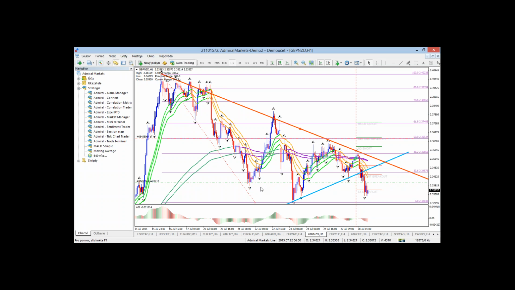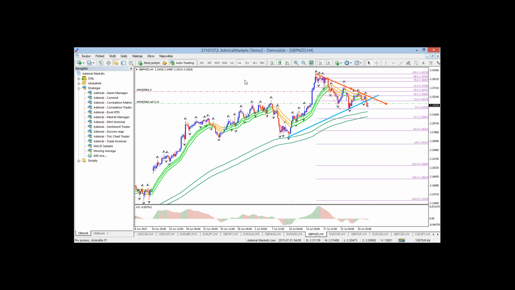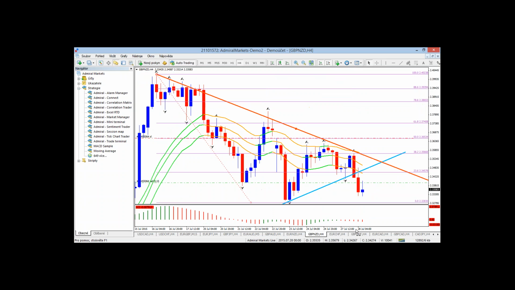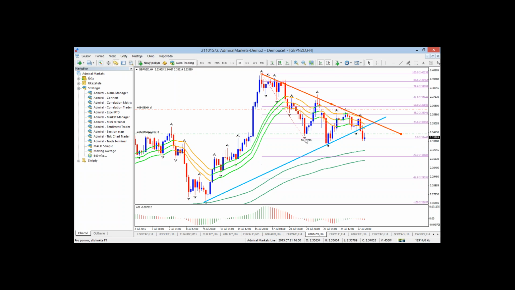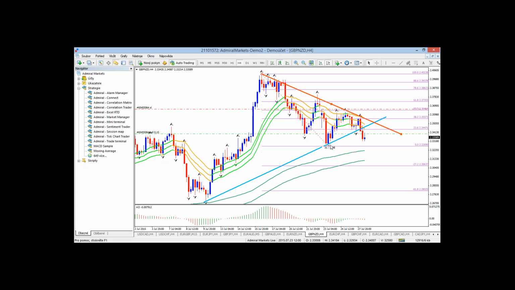From the 4 hour, it's still probably one movement. So I would probably be more inclined to use this or this. We have a 61.8 here.